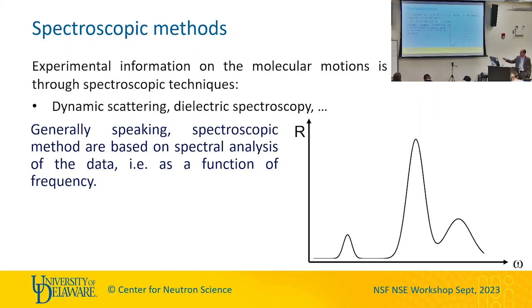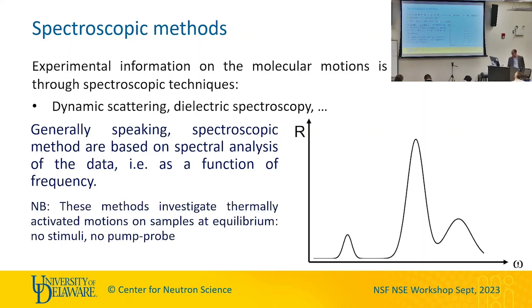So these are essentially based on a spectral analysis of the system. Spectrum means as a function of frequency, and that's the crucial word there. Again, these methods do not need to stimulate the system. They do not take the system out of equilibrium. Generally speaking, these are fluctuations that take place in your system just because of the thermal energy of the system.